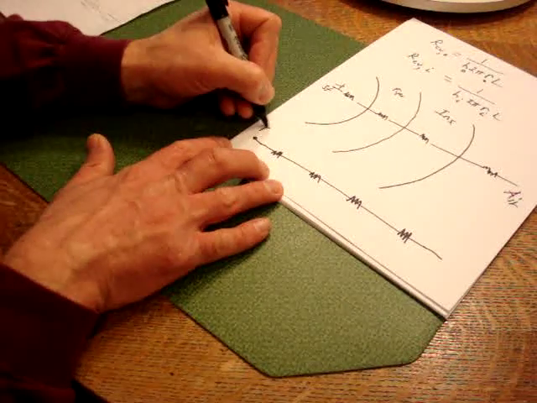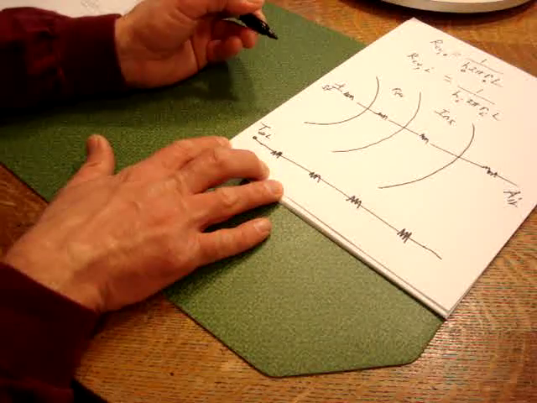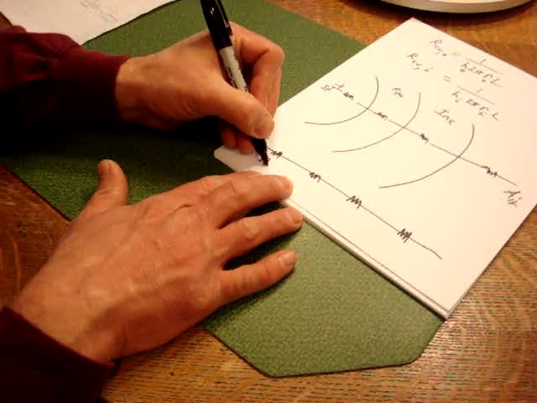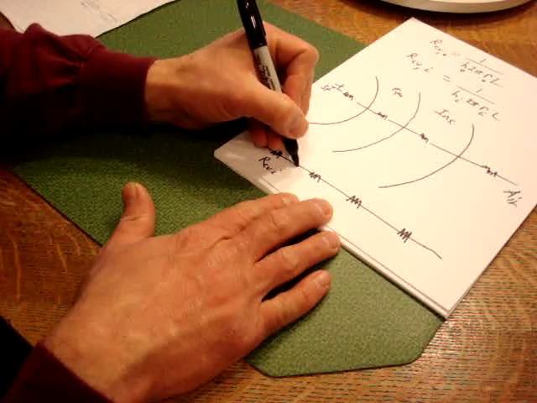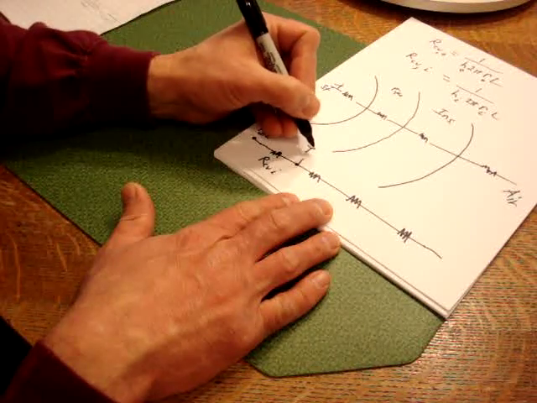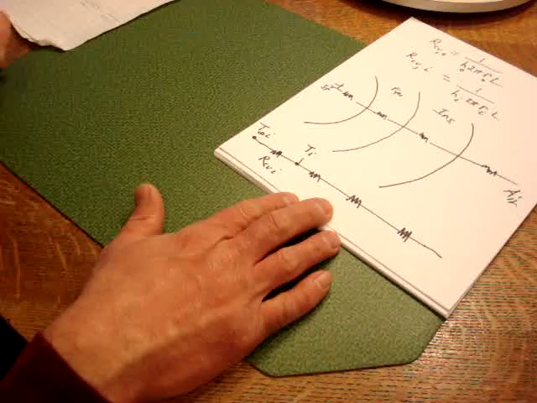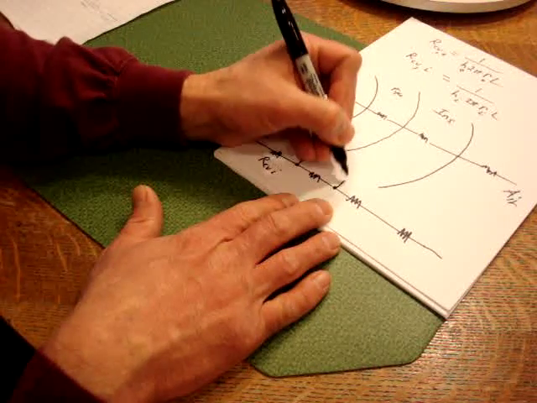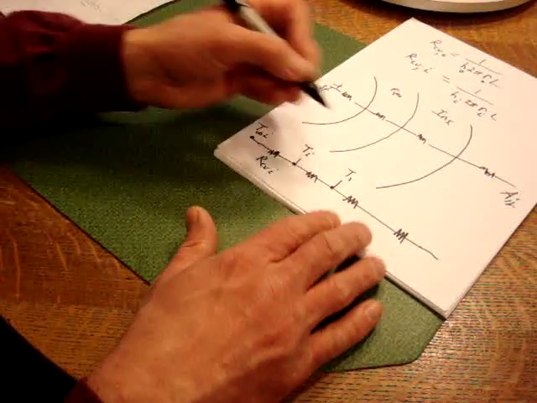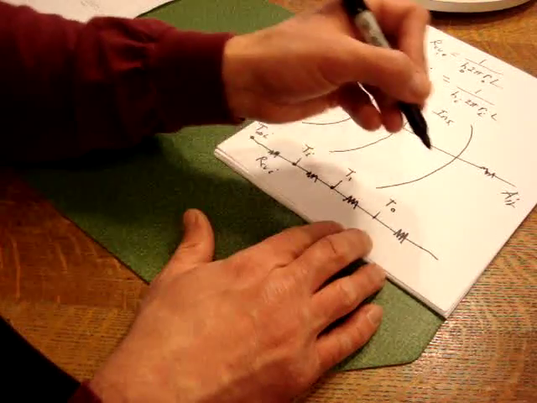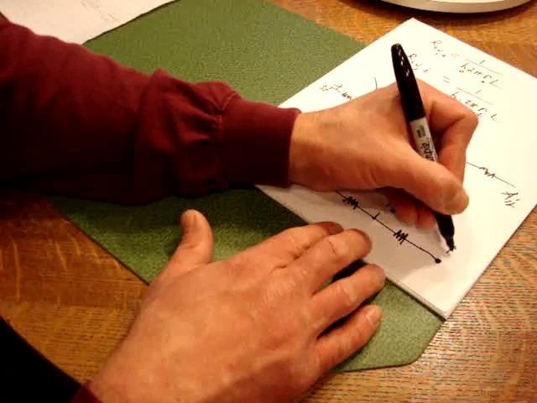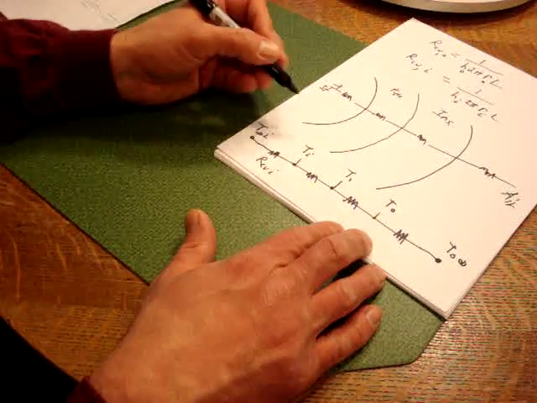Here we would have T infinity on the inside, a resistance due to convection on the inside. We'll call this arbitrarily T on the inside. We'll call this T1. We'll call that one T on the outside. This one T on the outside, infinity.